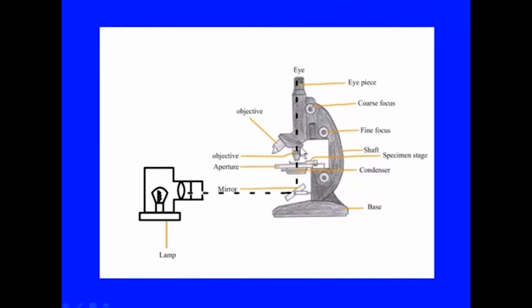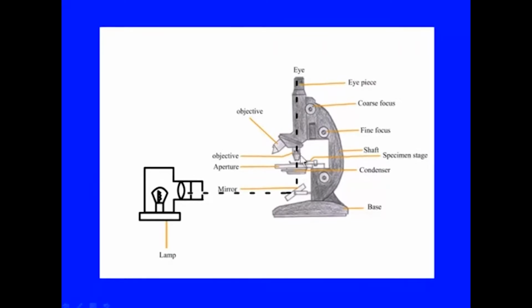Now, these objective lenses are attached to a rotating nose piece which is threaded in here, and this is connected to a tube length, which is a finite tube length, and on the other end of the tube length is the eyepiece. This nose piece could be rotated, and objectives of different magnification, 10x, 20x, 40x or 60x, could be used as per the application.